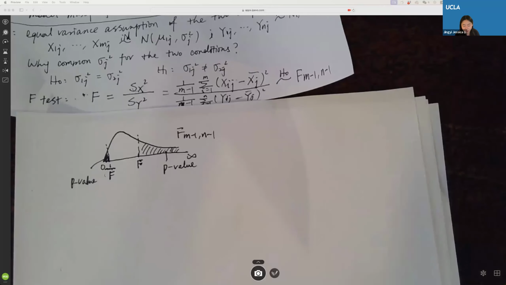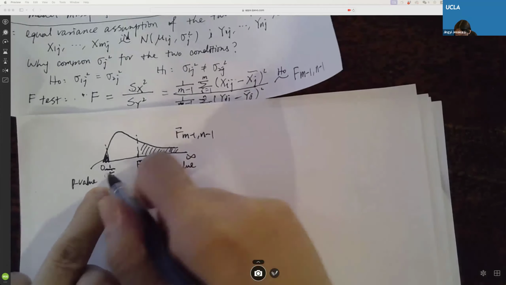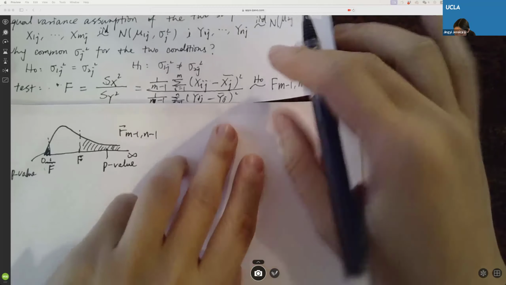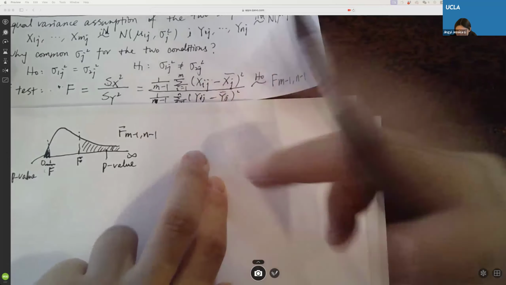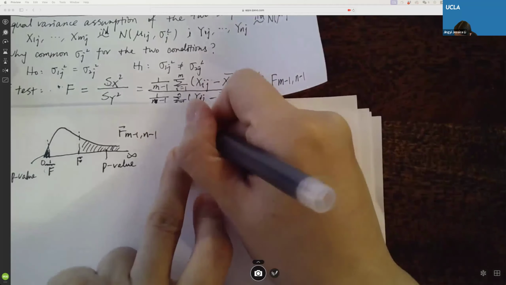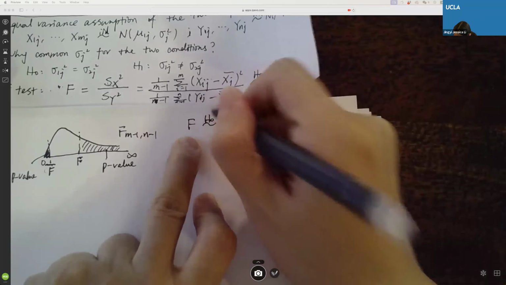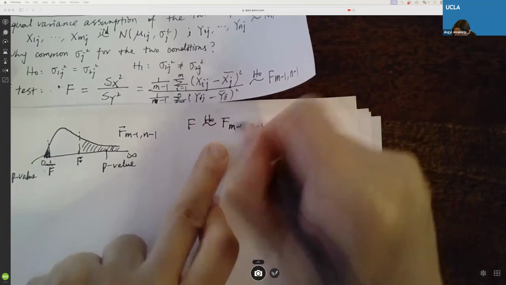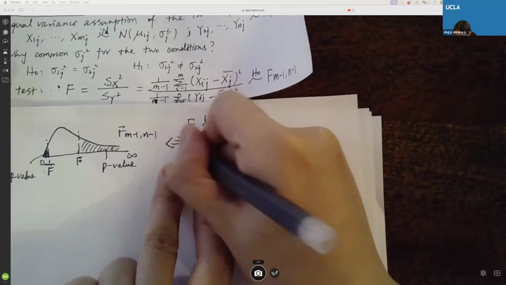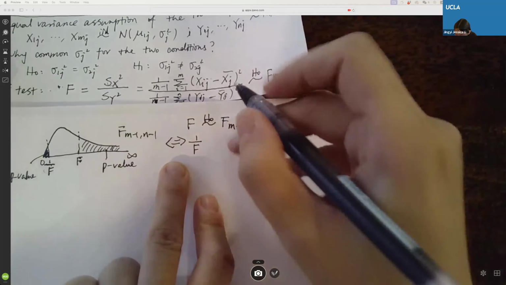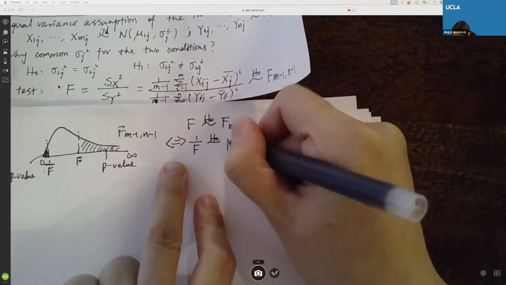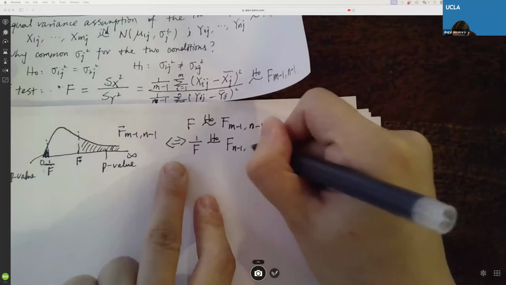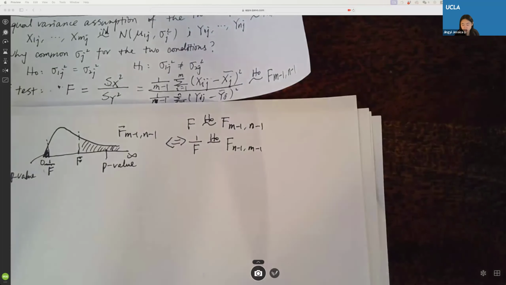Thank you very much for your good questions. And also, I want to say one more thing besides this F and inverse F. So one property we know about F distribution, which is something important to know, is that if F under the null hypothesis follows F with degrees of freedom n-1 and n-1, then 1 over F, the inverse, would follow also an F distribution with the 2 degrees of freedom swapped, which is also a nice property to know.